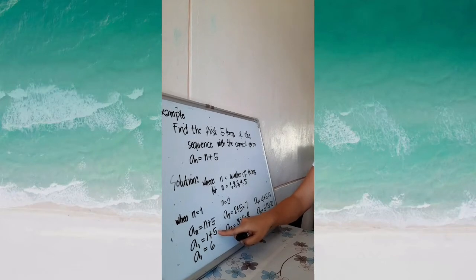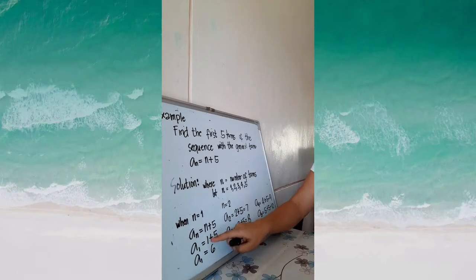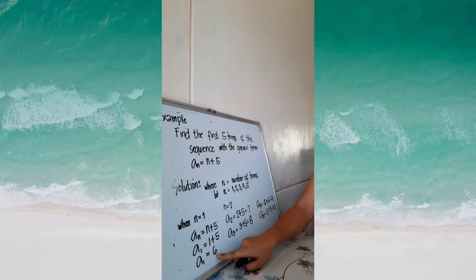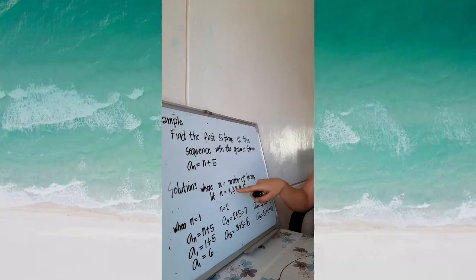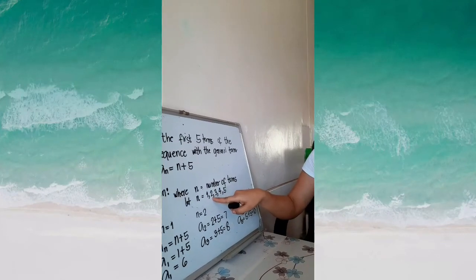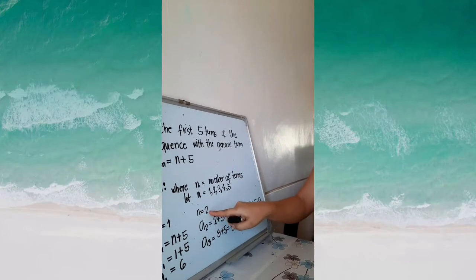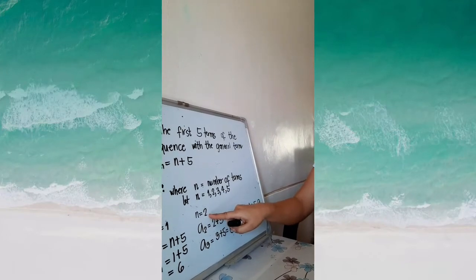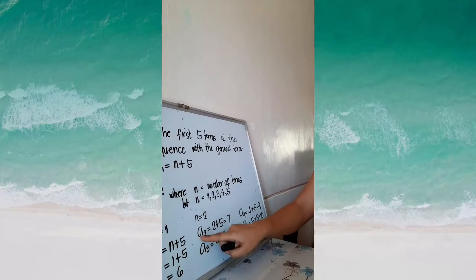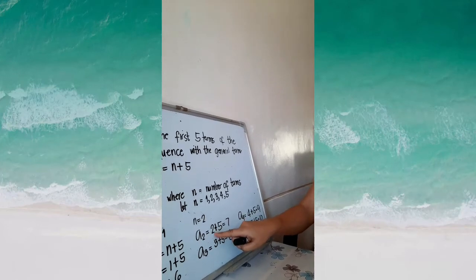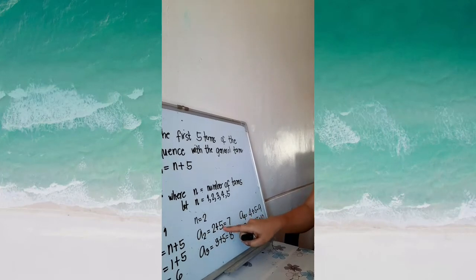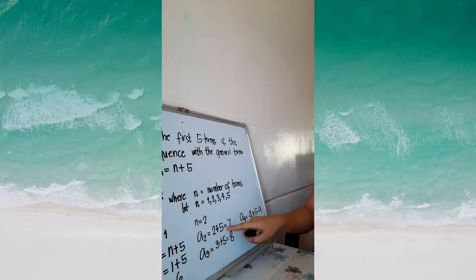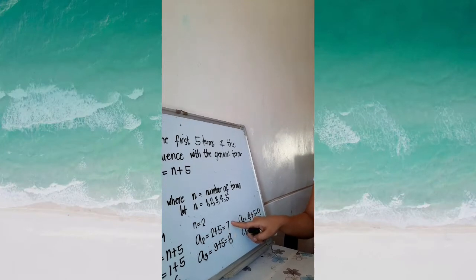Just simplify, so the answer will be 6. The same with our second value of n. We'll just substitute our n by 2. So this will become a sub 2 equals 2 plus 5. Just simplify 2 plus 5, we get our answer, which is 7.